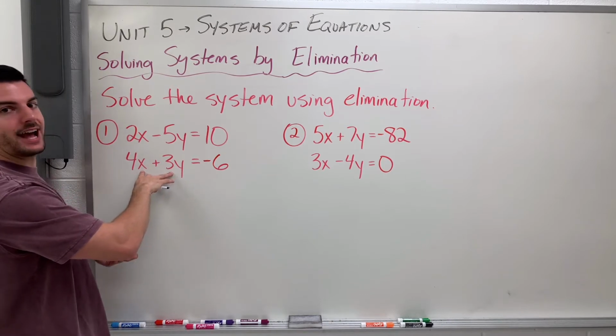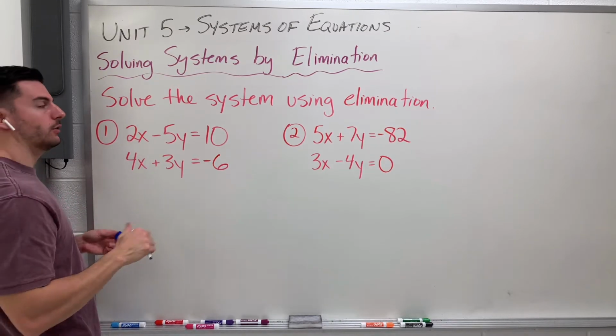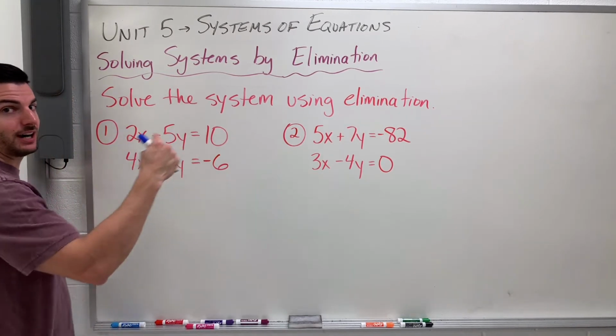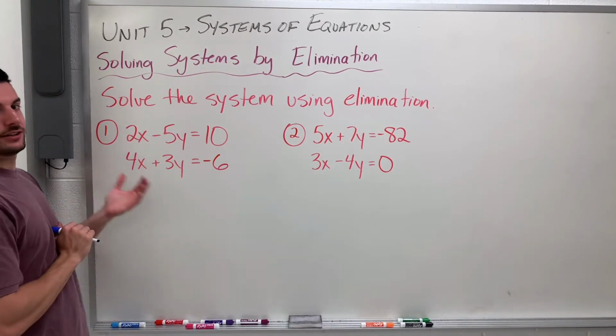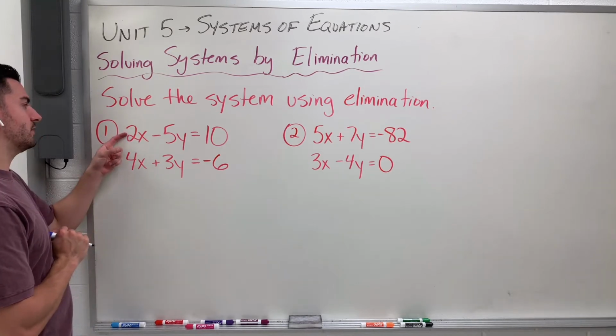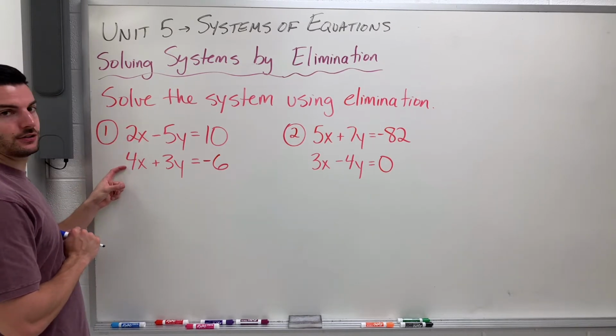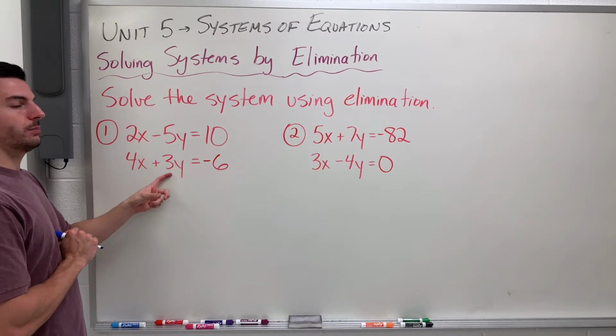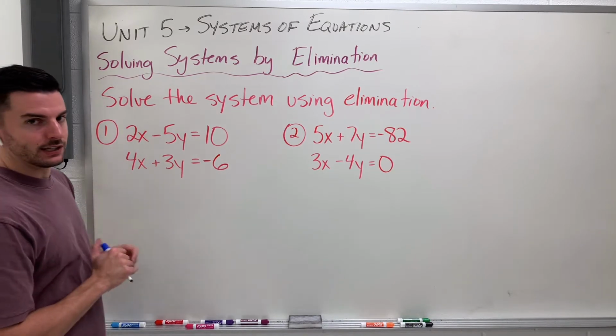For them to totally cancel, I would need them to be the same number, but one positive and one negative. And right now I don't have that. This is positive 2x, positive 4x. Those wouldn't cancel. And this is negative 5y and positive 3y, and that wouldn't cancel either.